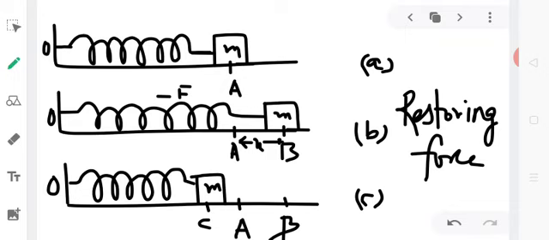Suppose when the block M is pulled so that the spring gets elongated, the restoring force will always try to bring the spring back to its original configuration. So obviously it has to act in a direction opposite to the applied force. So the displacement, or the change in length of the spring, in this case elongation, takes place in a direction opposite to the restoring force.